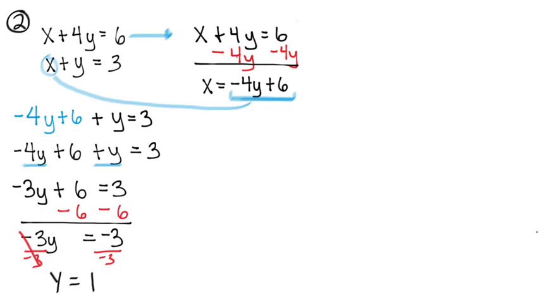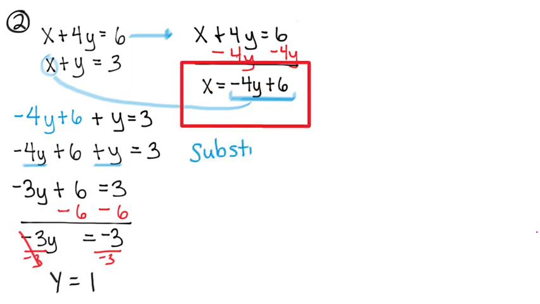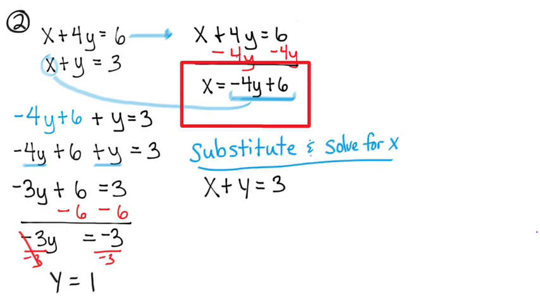Now I can solve for x because I already know what x equals, right? I could say x plus y equals 3 and substitute there. x plus 1 equals 3 and solve.